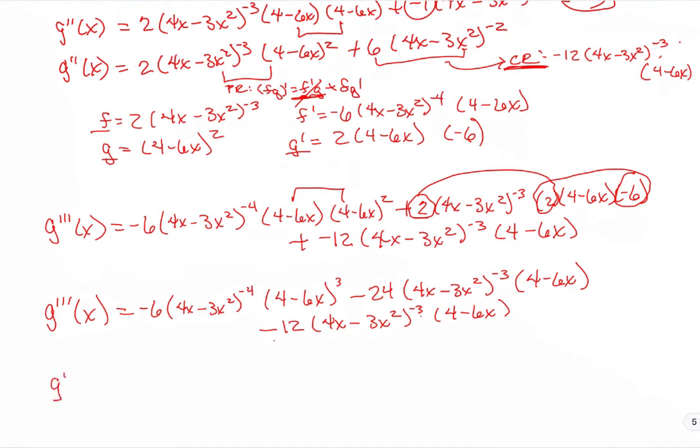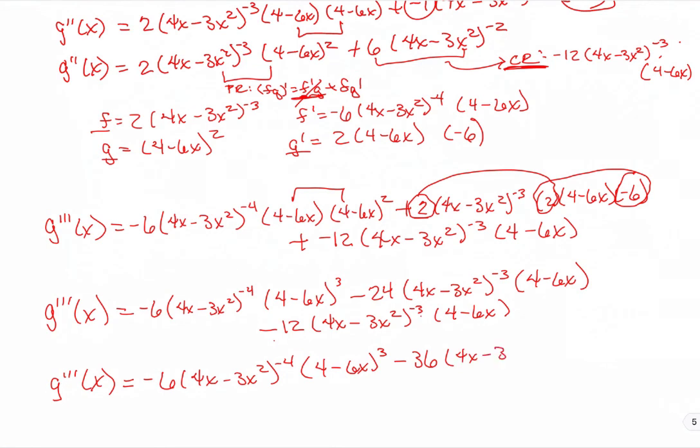I could still go further and say g triple prime of x equals minus 6 times (4x minus 3x squared) to the negative 4 times (4 minus 6x) cubed minus 36 times (4x minus 3x squared) to the negative 3 times (4 minus 6x).